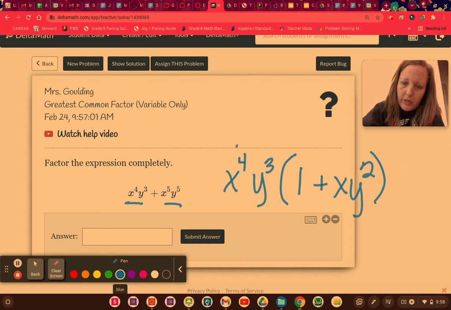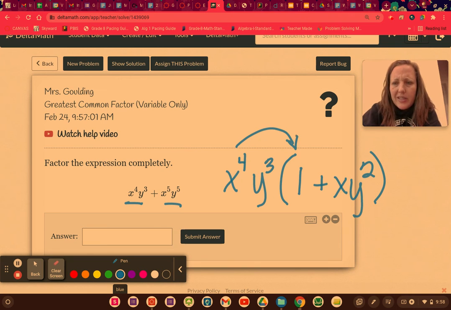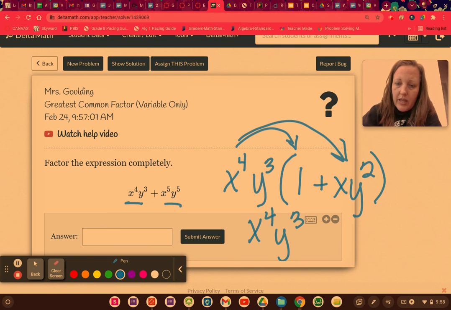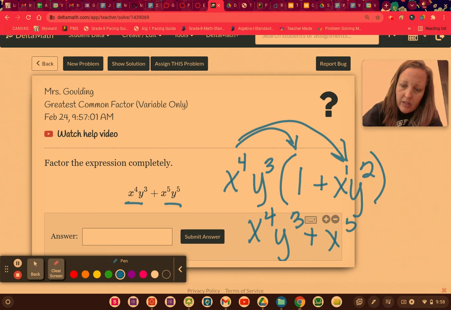Okay, so some of you asked me yesterday, is that whole exponent thing really that important? So here's where it's important, because we're putting it into play. When we're factoring, it's important. So x to the 4th is going to come back when I distribute. X to the 4th times x to the 1st is just x to the 5th, and then y to the 3rd times y to the 2nd becomes y to the 5th, which is what I was trying to get.